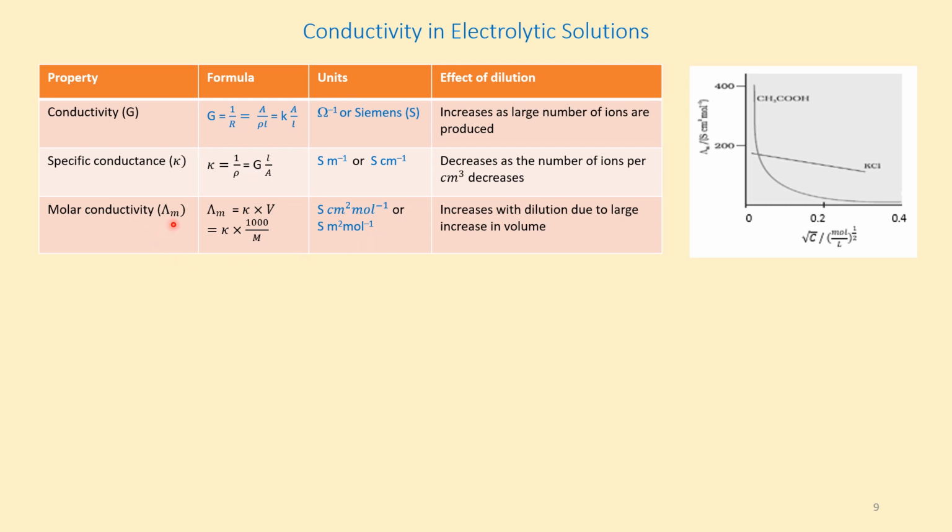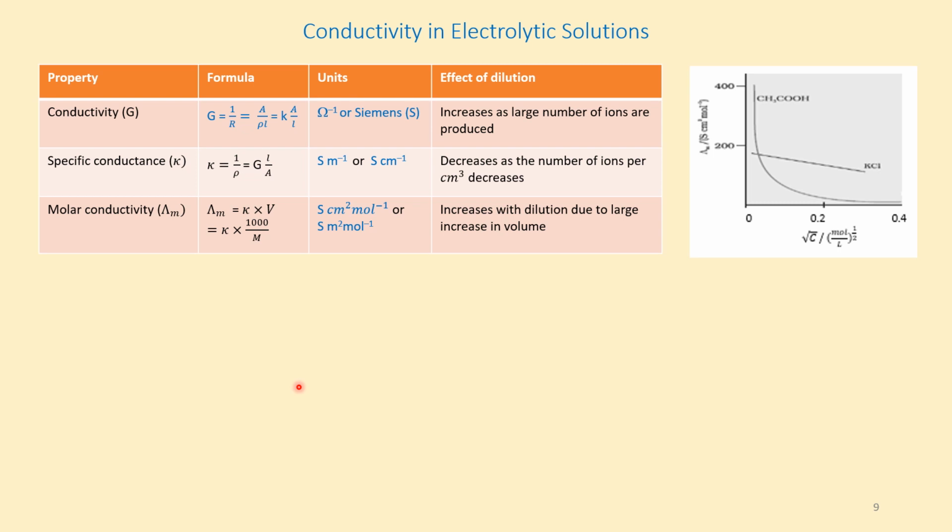The molar conductivity lambda m increases with dilution due to a large increase in volume. Molar conductivity increases with decrease in concentration. This is because the total volume V of the solution containing 1 mole of electrolyte also increases.